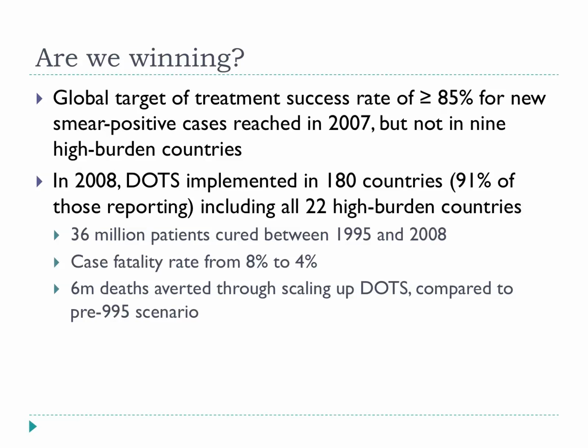And this is where those figures that Bono was making come from: 36 million patients cured in that time. Case fatality rate halved. So instead of having an 8% chance of dying from your tuberculosis, it goes down to 4%. 6 million deaths averted through scaling up DOTS compared to, let's just say, a 1995 scenario.